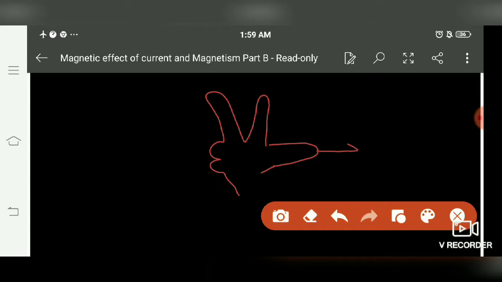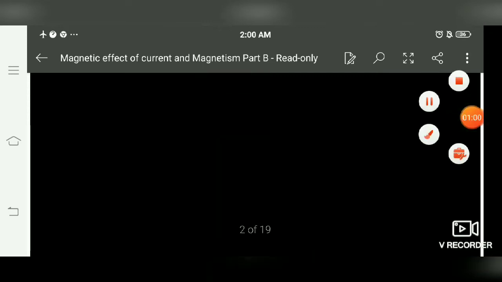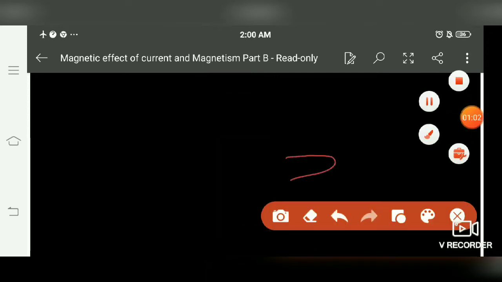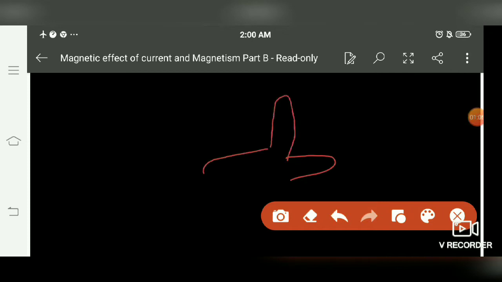We have to orient these three fingers perpendicular to each other. Like if this is the direction of the thumb, this is the direction of the forefinger, and this is the direction of the middle finger. So these three must be mutually perpendicular to each other.